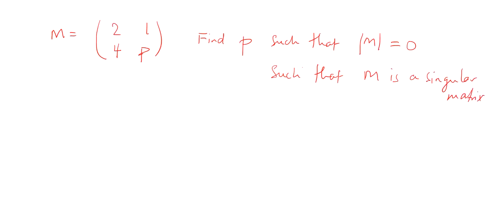This is typically how you will be asked a question concerning singular matrices. They will tell you find some value such that the matrix is singular, or they tell you that the determinant is equal to 0.